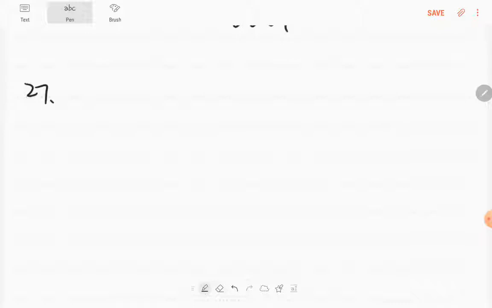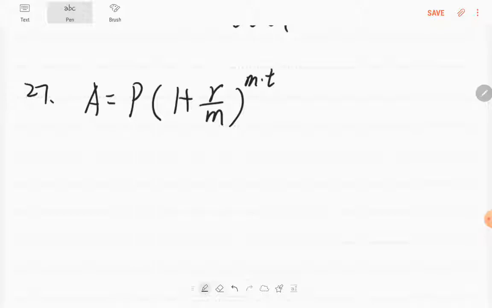So here it is compounded quarterly. That means we need to use the compound interest formula, right? Here is the formula: A equals P times 1 plus R over M, to the M times T. Here P is the principal, which is 3,500.